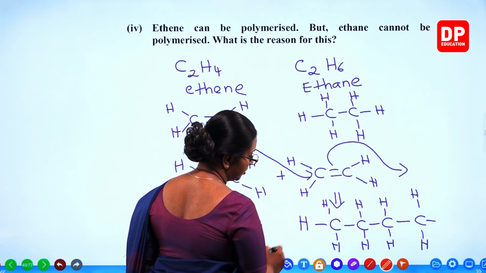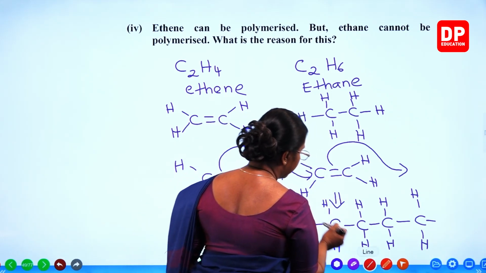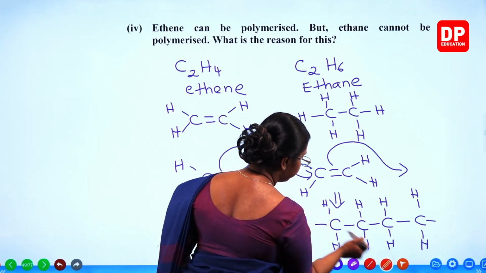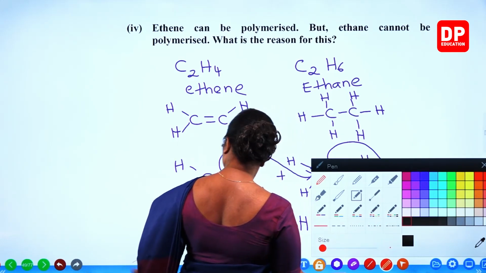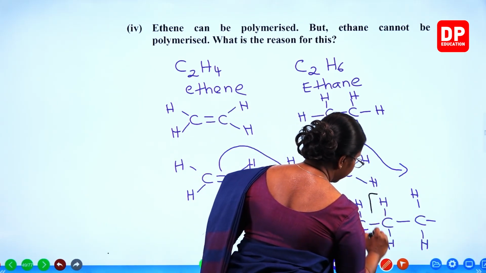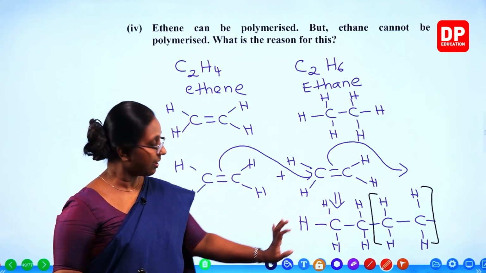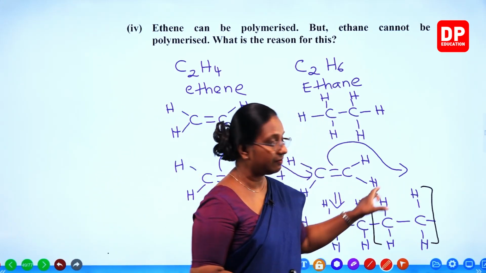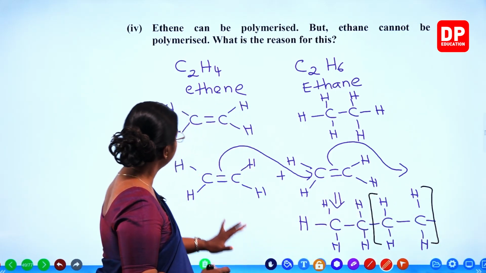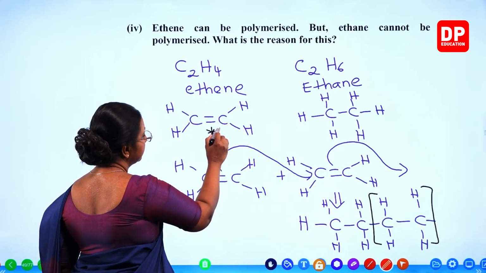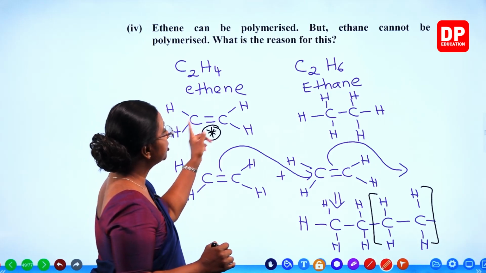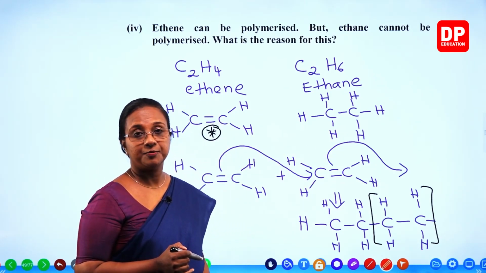This would be the end of the chain, but in between you will get this will be the repeating unit. Now this is not the exact way to write. I am just saying this is the component that will repeat. Now this is possible because of this double bond. That is not present in ethane.